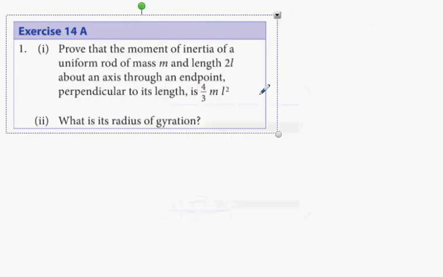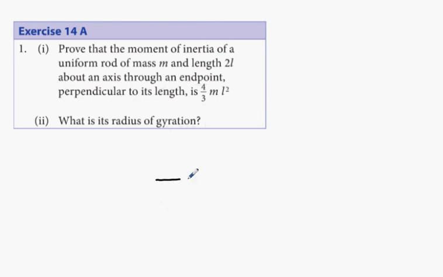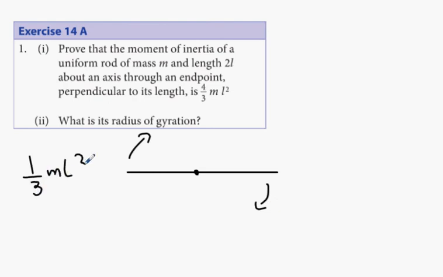In the proof I just did to begin, we had a rod, and the rod was rotating about its center, like so. We found this to be 1/3 ml squared. Everybody happy enough with that? Okay. Now we have the same rod, still of length 2L, but this time it's held through an endpoint.